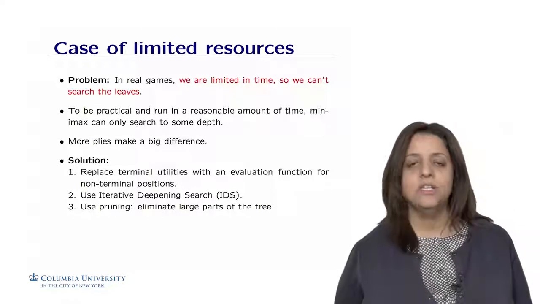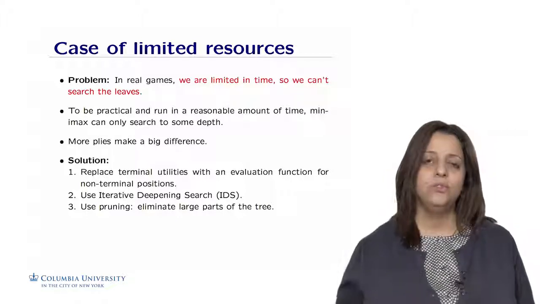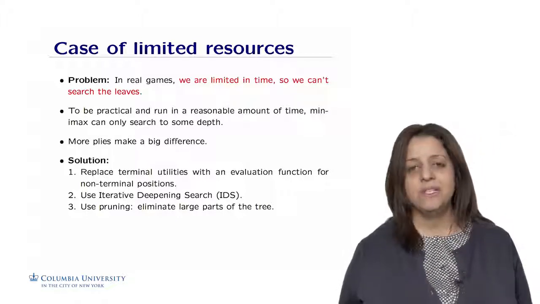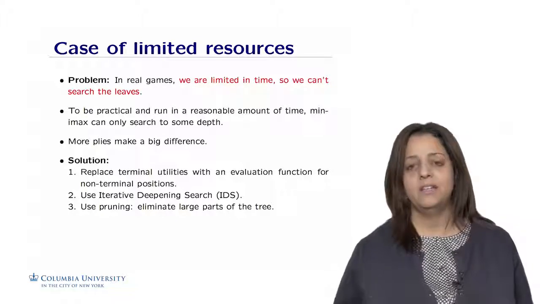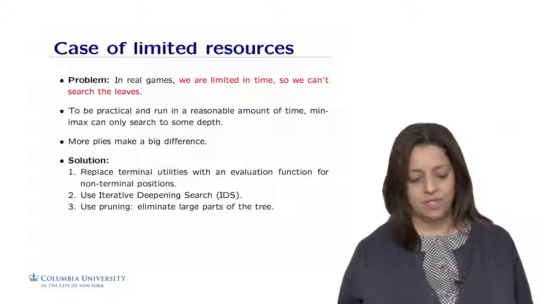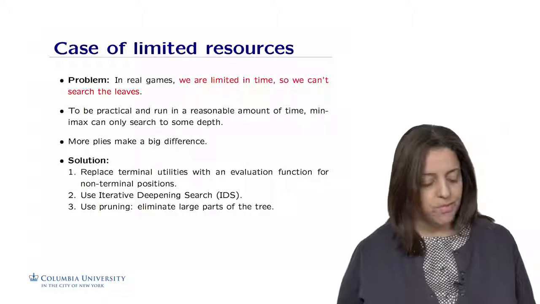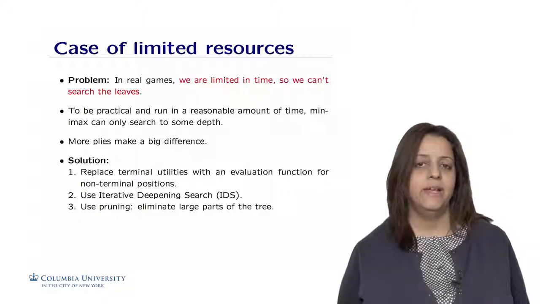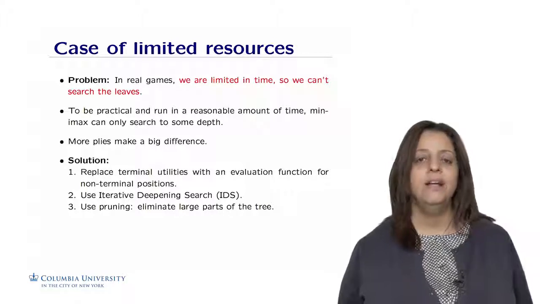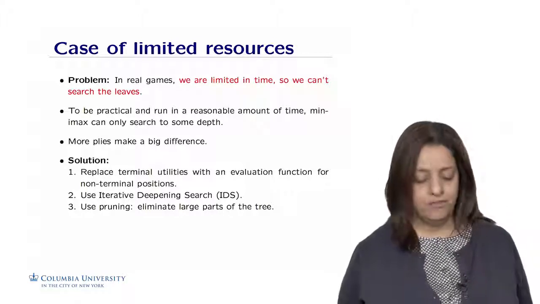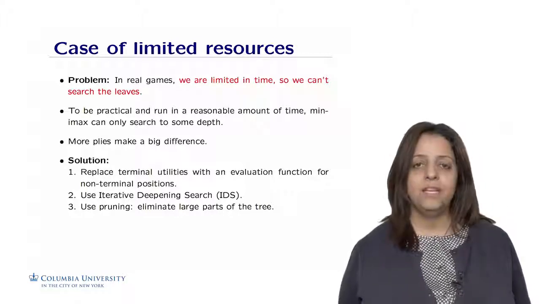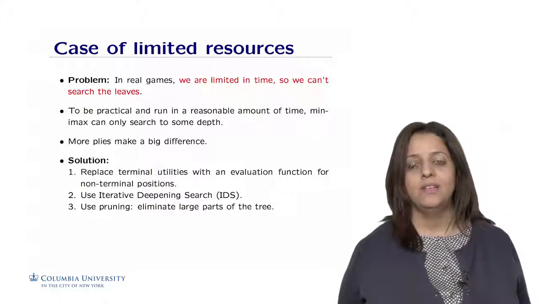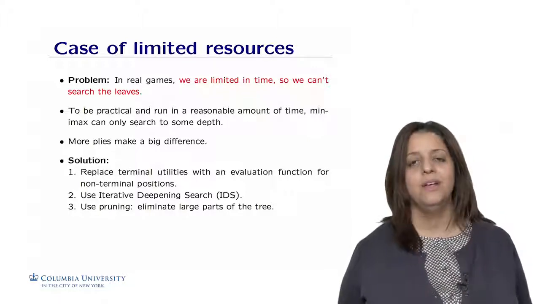We could also use iterative deepening search, which means we try to go deeper and deeper, and when time is up, we take the solution from the previous iteration. Finally, we can use pruning, because we have a huge search space. Maybe it's possible to prune it and not have to explore everything. If we can eliminate a large part of the tree, we can go deeper in the game tree in the same amount of time.